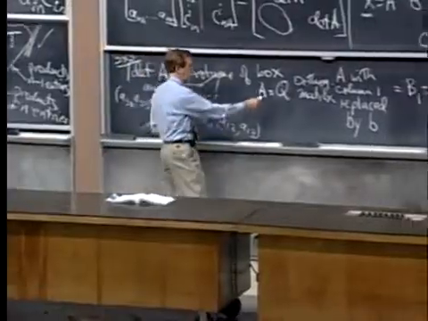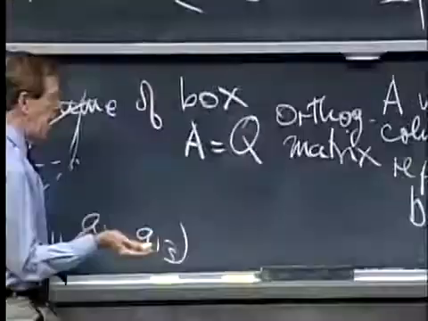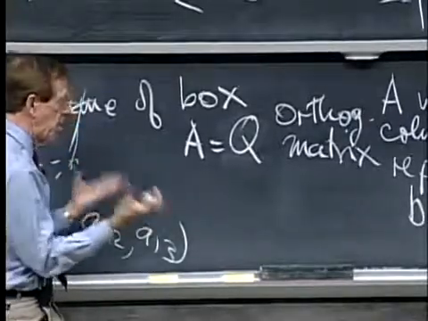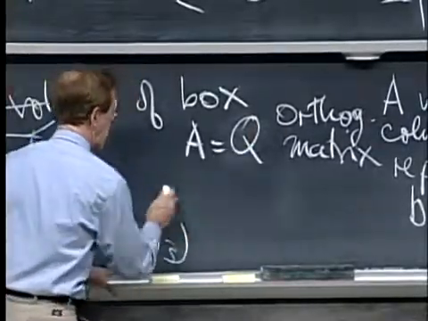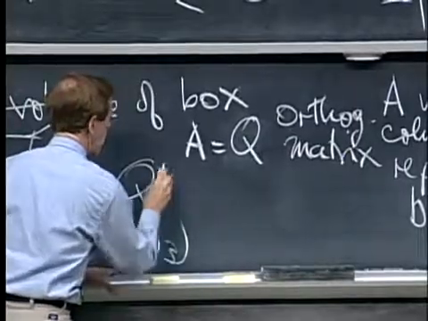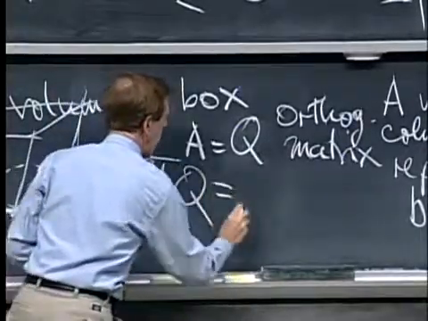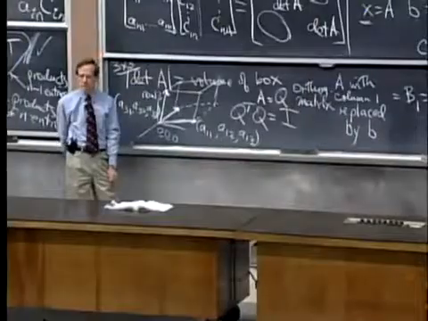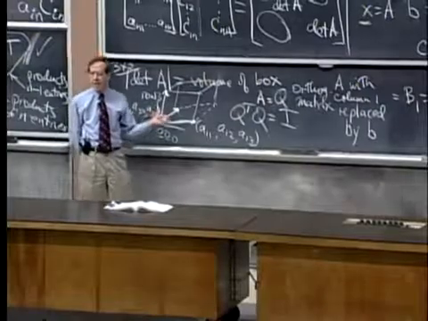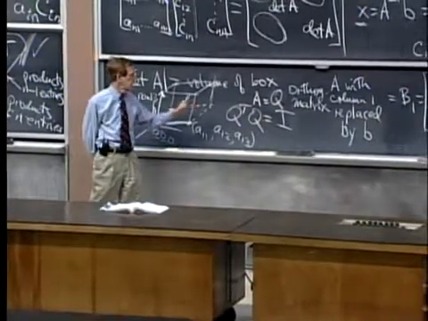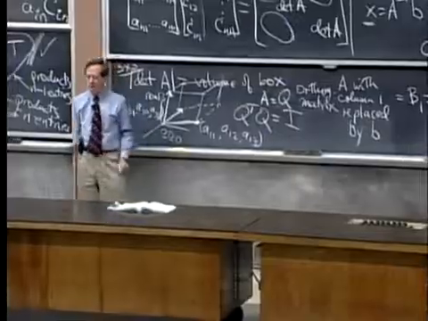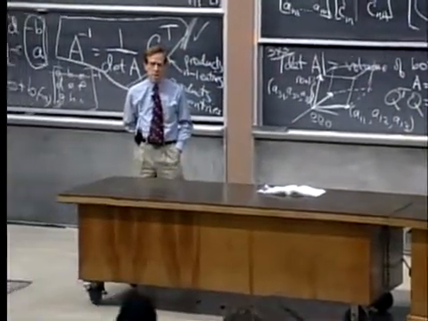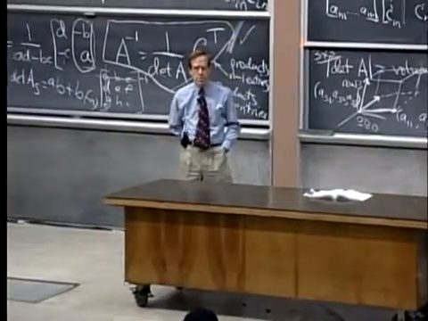If we have this orthogonal matrix, then the way to say what its properties are is this: Q transpose Q equals I, right? Those are the matrices that get the name Q, the matrices where Q transpose Q is I. Okay, now from that, tell me, why is the determinant 1 or minus 1?